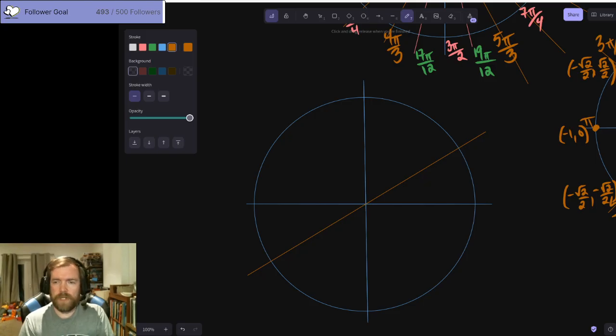So if I draw a line here, this is going to get us our pi on 6, which again could be repeated around the whole circle multiple times.